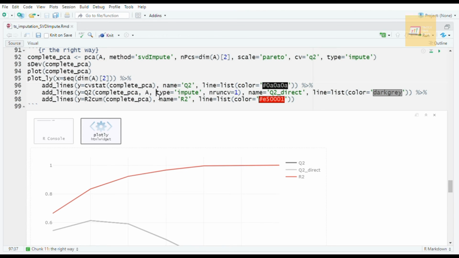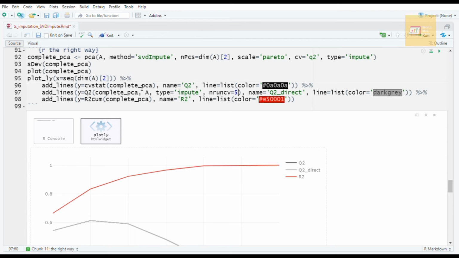And see the type impute here is exactly the same as here. And then nrun CV is the number of CV iterations that we want. The default value is 1. I am aware that the better practice is to have more than 1 run. And I tried to run it 5 times, but I get the same result. So let me show you.